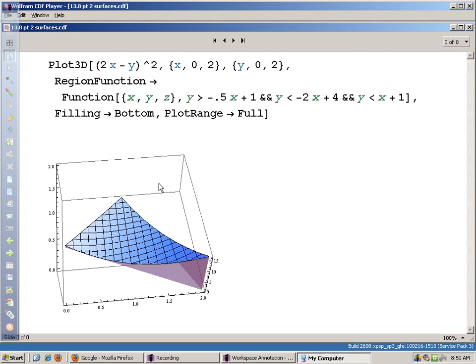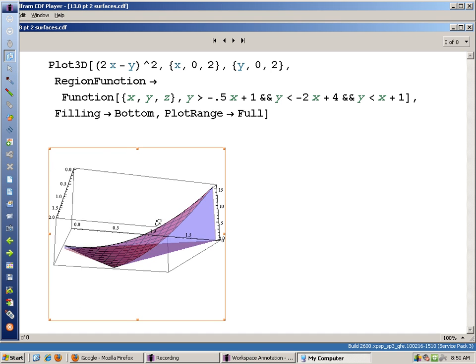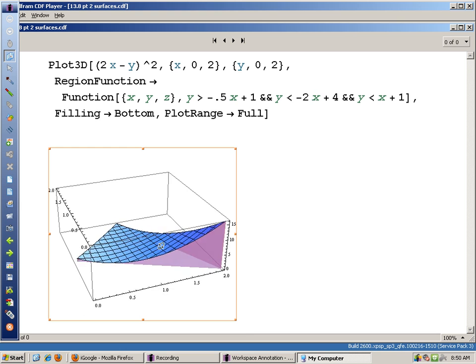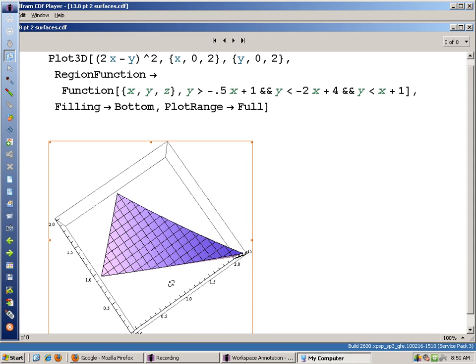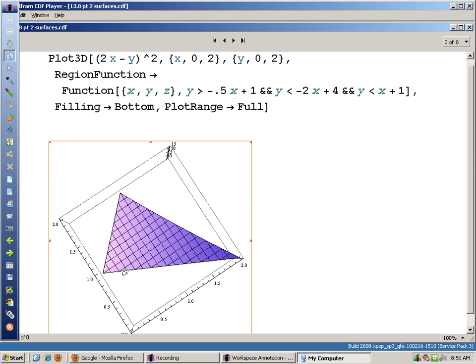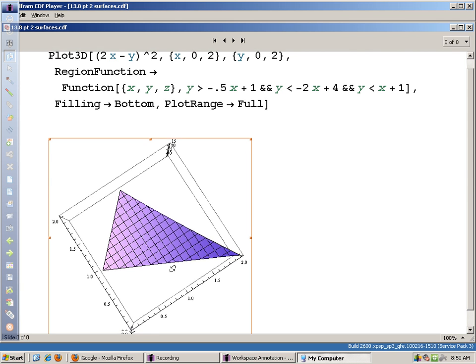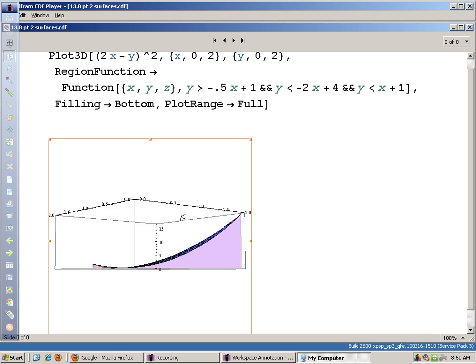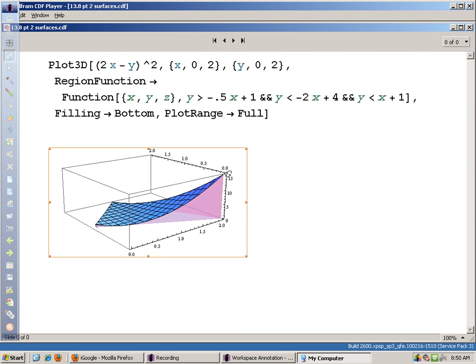So there's our surface. And our region here in the XY plane, if I lay it down on the side, there's our triangle. Here's our point where we found the maximum value of our function, and our minimum values are down here.